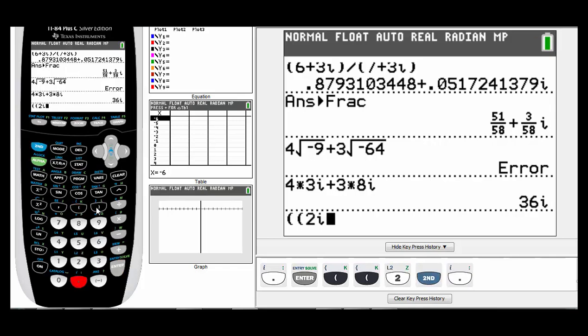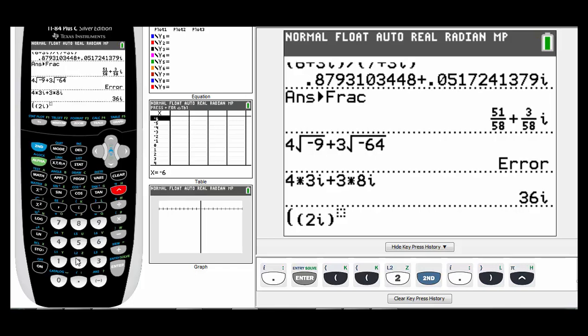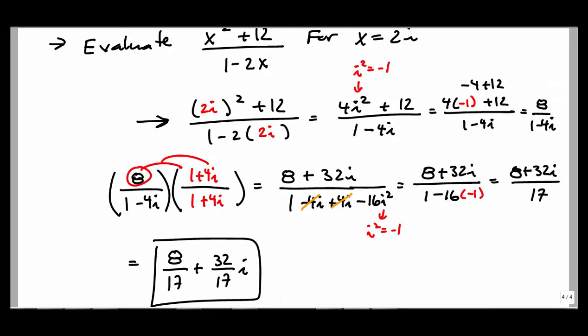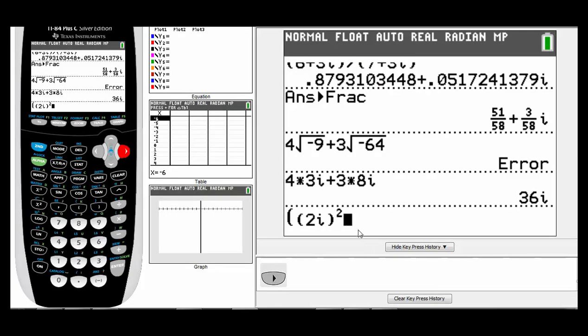So 2i quantity squared. Now you might just end up with a caret key here instead of going up into the exponent, and if you just have a caret key, that's fine. So 2i squared, let's see, plus 12. Oops, my plus sign didn't get in there.